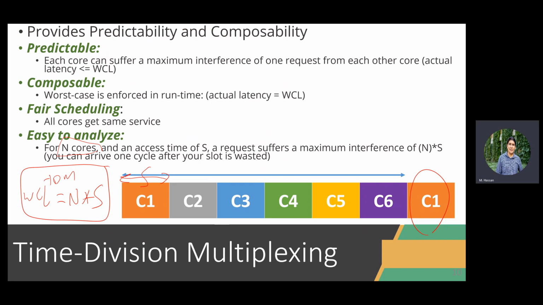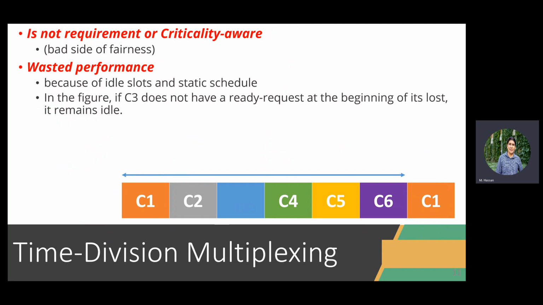Every task would have its own requirement, its own deadline, its own number of memory requests. So why should I serve all the cores in a symmetrical fashion if they have different requirements, right? So fairness is not always good. That's the bad side of fairness. It's not requirement aware. It doesn't take into account the task deadline or number of requests or required worst case latency.